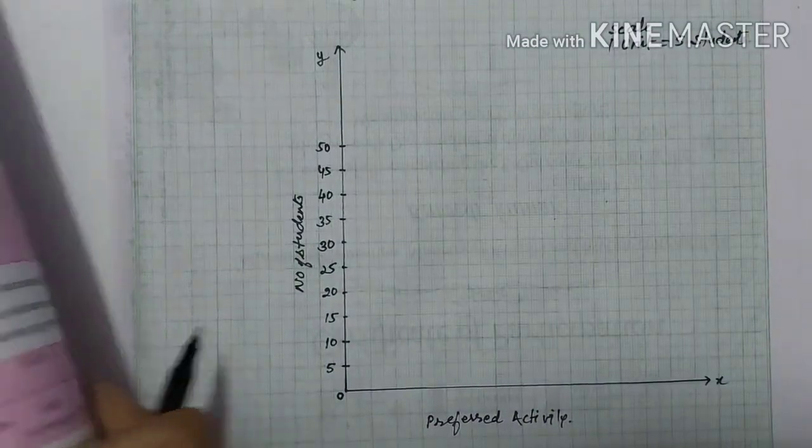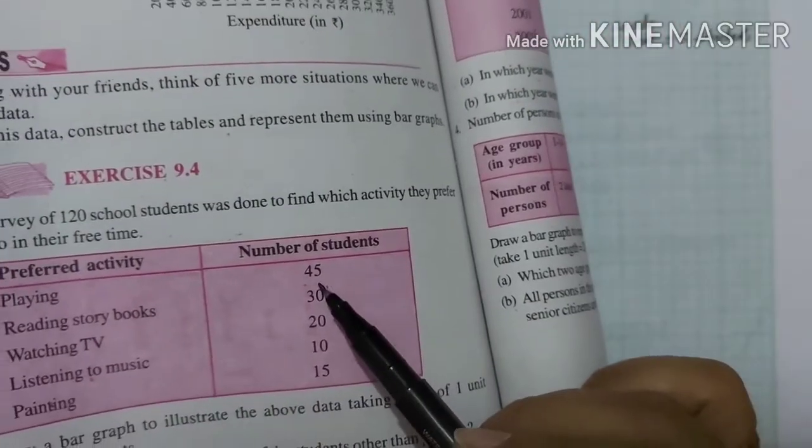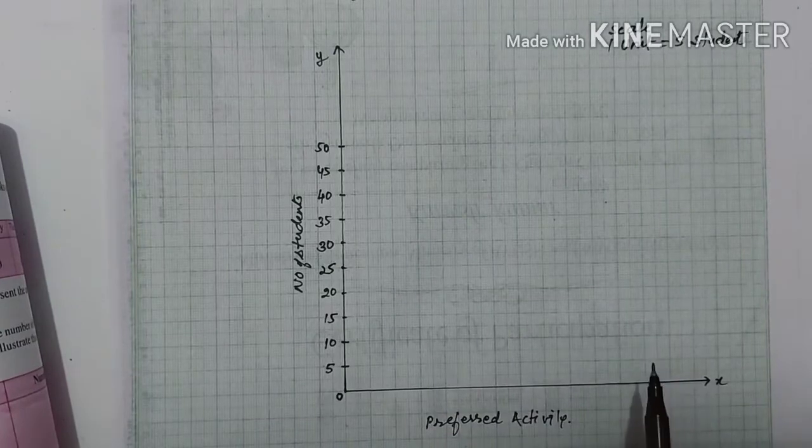Okay, the maximum number of students is 45, so you write up to 50.